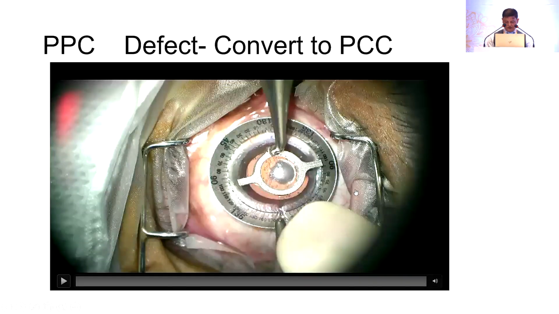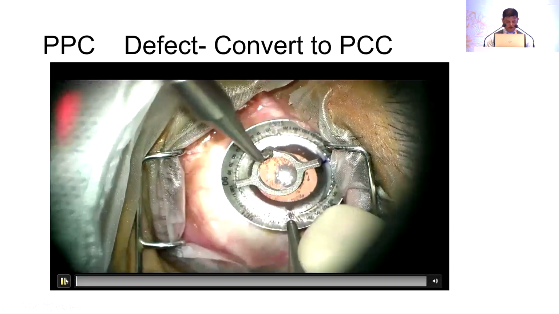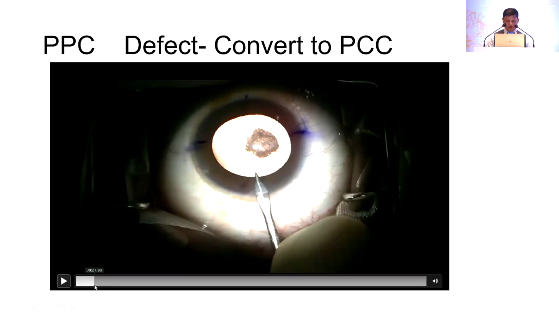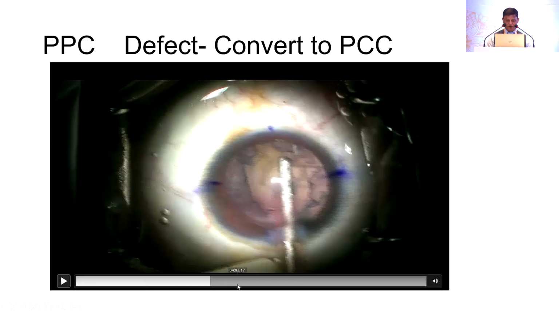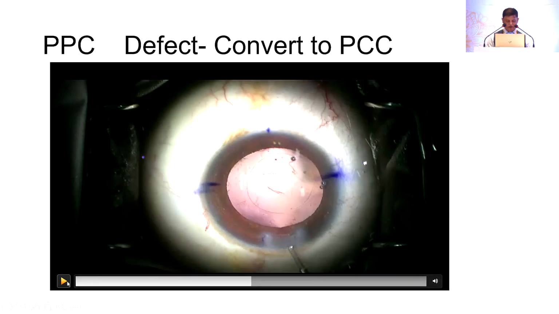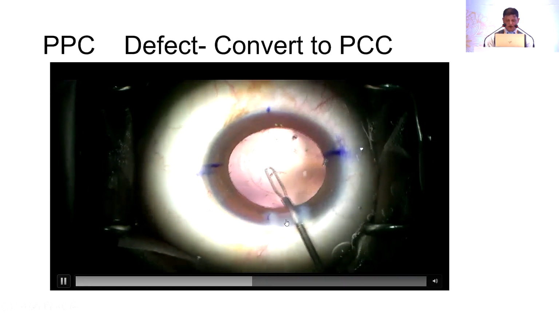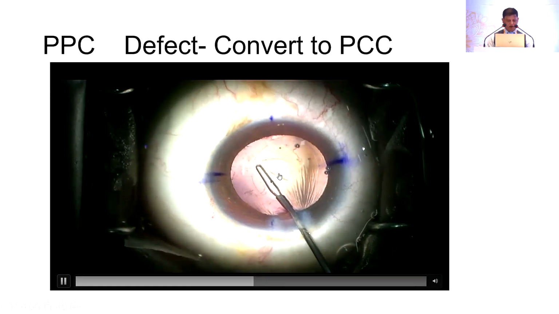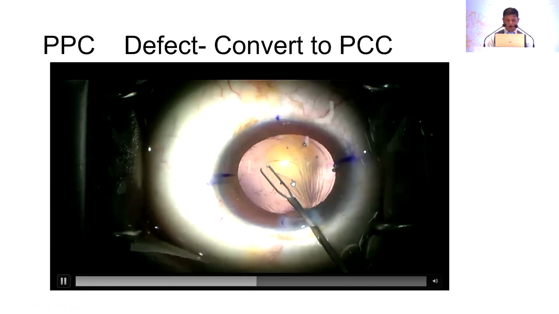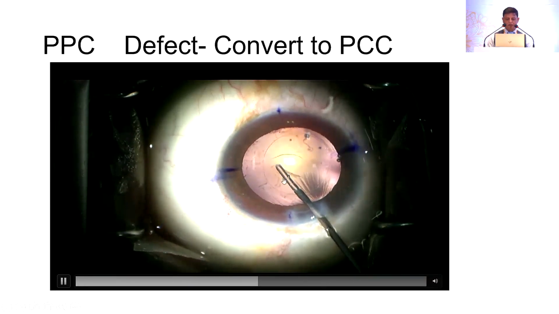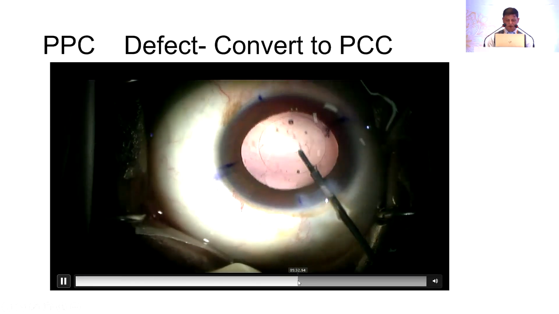In this case, the other option is we can convert the posterior capsular rent into a posterior capsular axis. After removing everything on the same principles, you see with the help of a small forceps we are converting the PC rent into the posterior capsular axis.